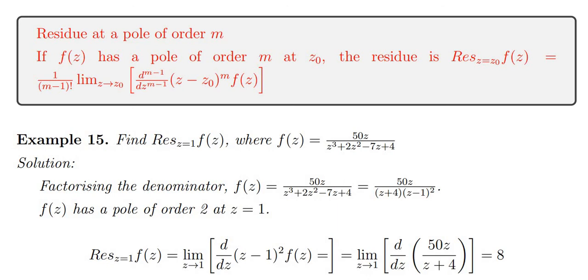Again, if we factorize the denominator, f(z) is 50z divided by (z + 4)(z − 1)². This function has a pole of order 2 at z = 1. So if we apply the residue formula, the residue of f(z) at z = 1 is equal to the limit as z tends to 1 of d/dz of (z − 1)² f(z), which is the limit as z tends to 1 of d/dz of 50z/(z + 4), and this is equal to 8.